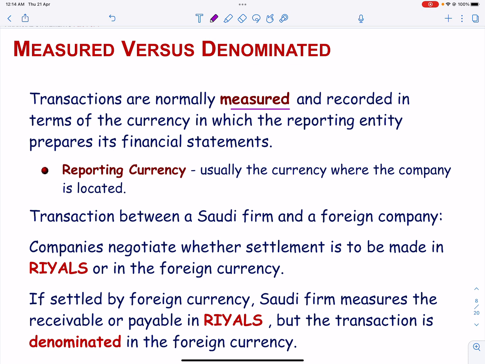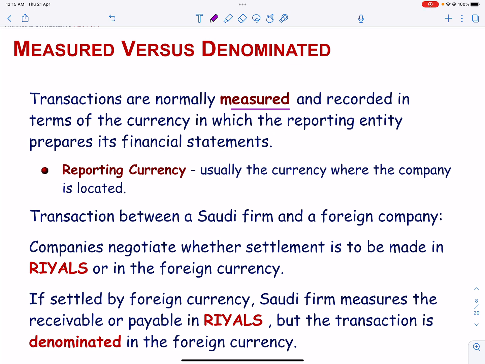When the Saudi firm enters into a transaction with a foreign company, they first negotiate the currency in which the transaction will be settled. If the transaction is to be settled in Saudi riyal, there is not much risk. But if the settlement is in a foreign currency, then there will be a lot of risk.